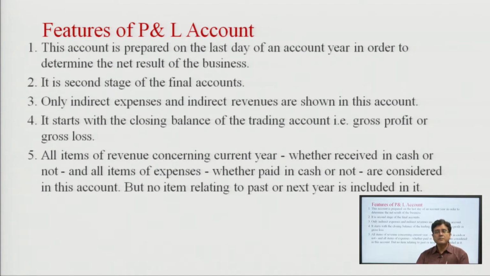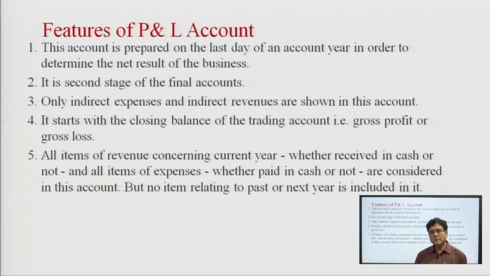This account is prepared on the last day of the accounting year in order to determine the net result of the business. Actually, in books we always find that it is made on the last day, but in practice it is not the last day. For example, every year a company's financial year runs from 1st April to 31st March.